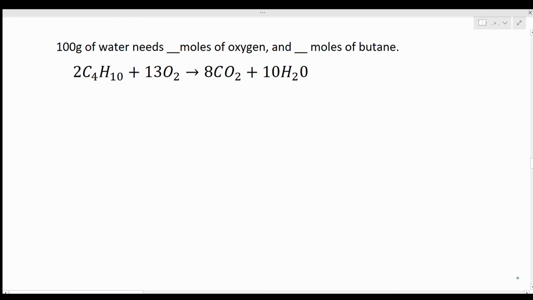100 grams of water needs some moles of oxygen and some moles of butane. Okay, so basically here we have almost 2 questions. They're asking how many moles of oxygen and how many moles of butane do we need to make 100 grams of water. So let's first deal with this part of the question. 100 grams of water needs some number of moles of oxygen.